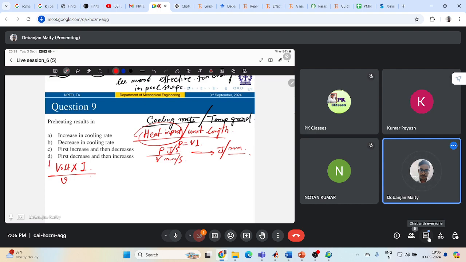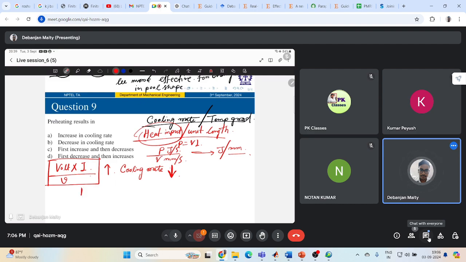This is better. Now, if this ratio is increased, it has been seen from experiments that my cooling rate will be decreased.